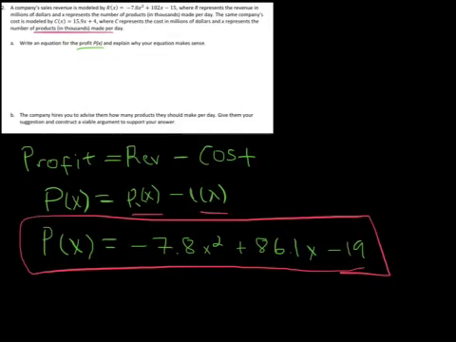So we'd find the maximum of P of X. The X value where the max occurs will be negative B over 2A, which is negative 86.1 over 2 times negative 7.8. And whatever it is that we get there, that will be the X value. So that will be the number of products in thousands per day. So however many products that is, thousands of them per day.